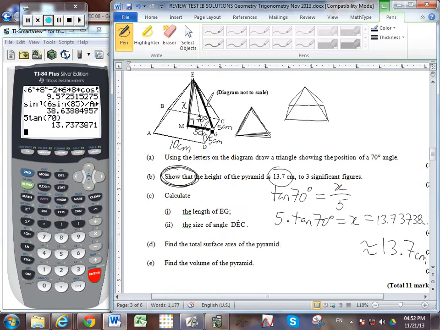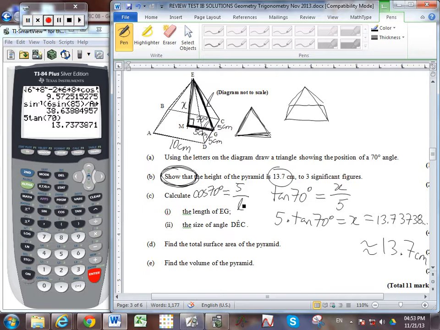I could use Pythagoras. The problem with Pythagoras is that I would be possibly using an inaccurate amount, and I could lose accuracy unless I used the full decimal amount. So why don't we use a more accurate method that doesn't involve using any rounded values, and I'll look at the cosine ratio of 70, which is adjacent. The cosine of 70 degrees is adjacent 5 over hypotenuse, the slant height, the length EG that we are trying to find.